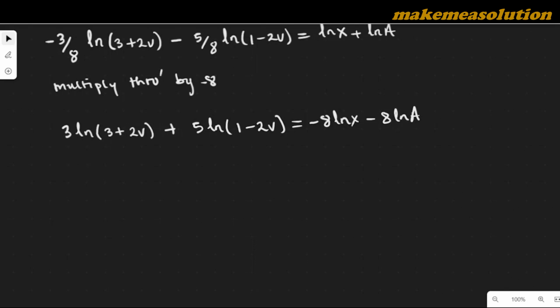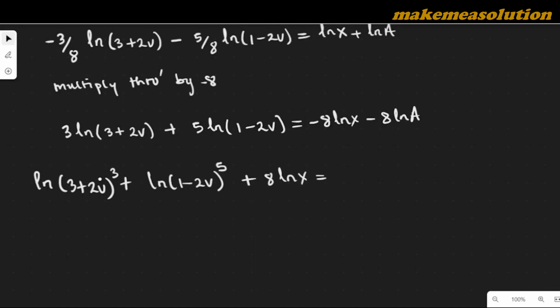So this is going to be ln of 3 plus 2v all cubed plus ln of 1 minus 2v raised to the power of 5, then plus 8 ln x is equal to, let me just call this one ln A raised to the power of negative 8. So I can say let A raised to the power of minus 8 be k, for instance.